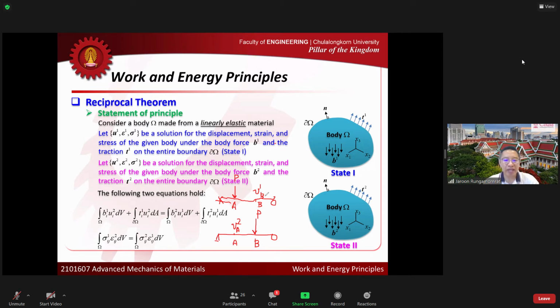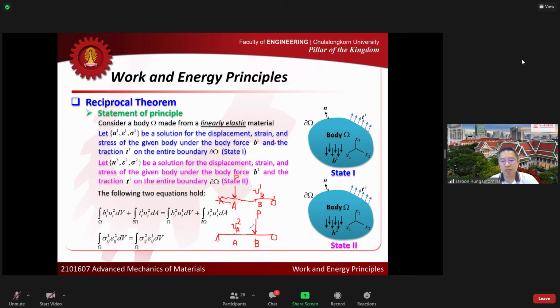If you apply the reciprocal theorem, you can see easily that if you compute the work done due to the force from the first state via the displacement from the second state, okay, you take the force from here, it's simply P multiplied by VA2. That is the work that I talk about.